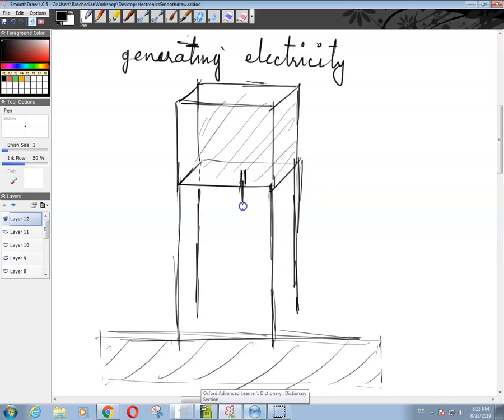Let's suppose that I have this pipe coming down from the reservoir, and let's say that the reservoir is full of water.